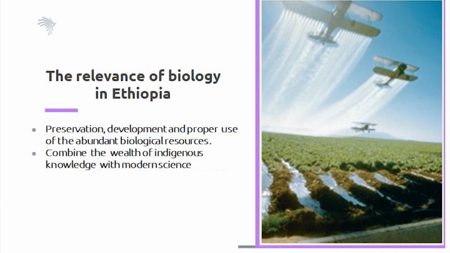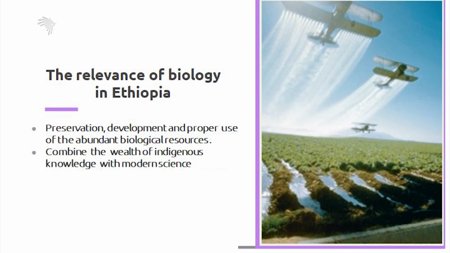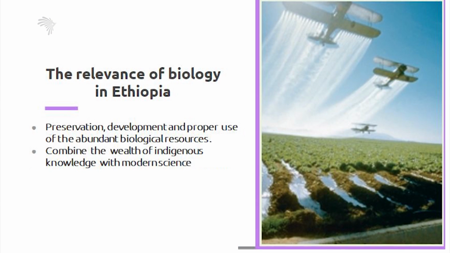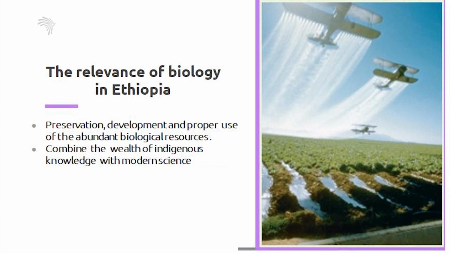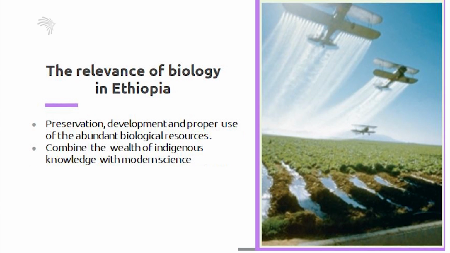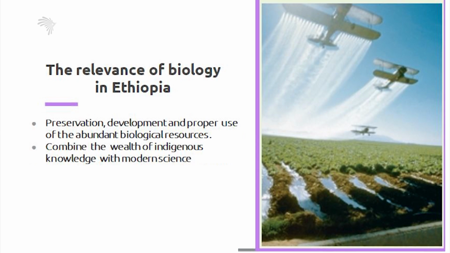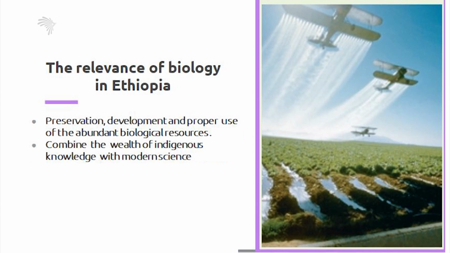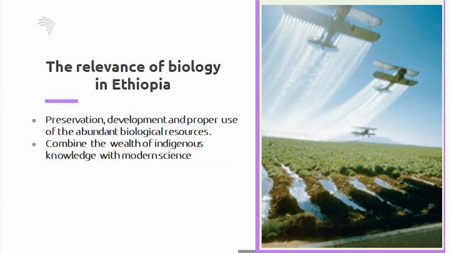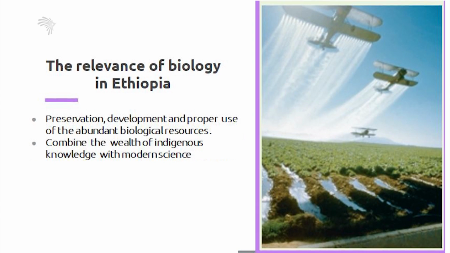We have a number of indigenous knowledges. We have talla making, bread making, injera making, and different kinds of herbal medicines. These traditional knowledges are combined with modern knowledge so that it will produce a number of biologists that are very important for this country and give a lot of benefits.